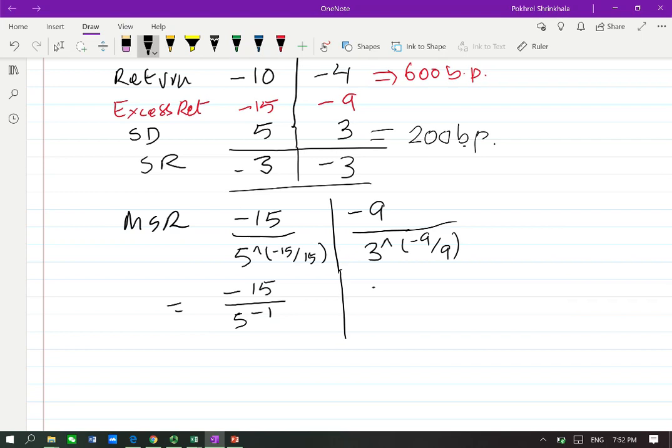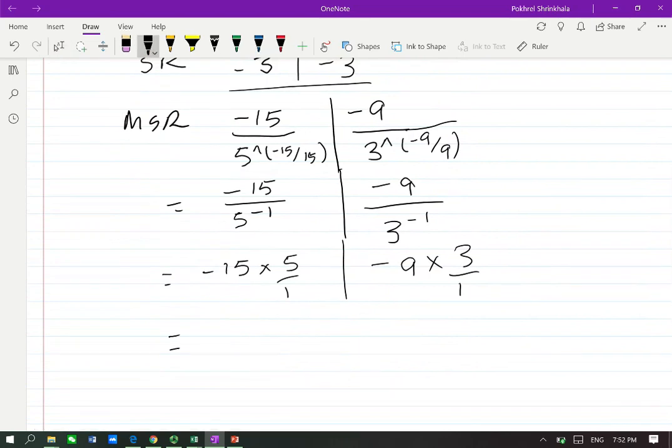In case of fund B, minus 9 divided by 3 minus 1. So here minus 15 times 5 by 1. Okay, and here minus 9 times 3 by 1.